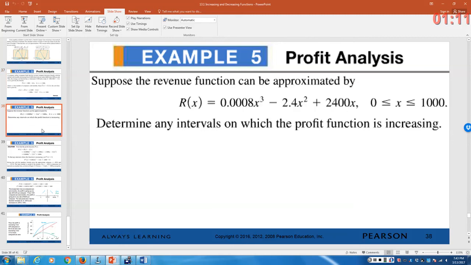Is profit going to be in the 50-cent range? Is it going to be in the dollars range? Is it going to be in the $1,000 range? Are you going to profit $1,000 per computer? No, so you need to think about that.